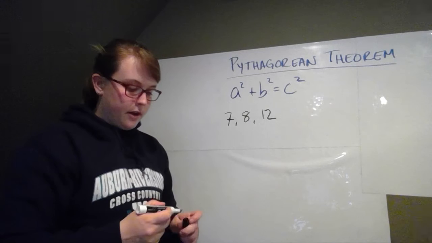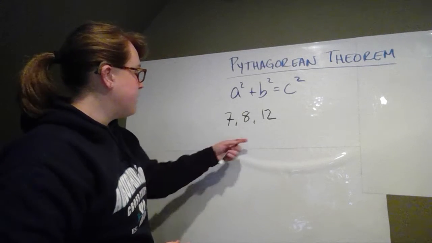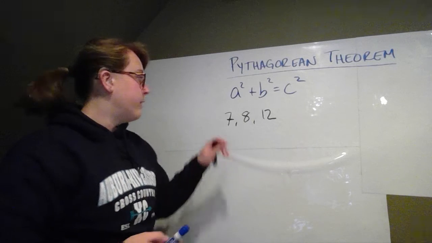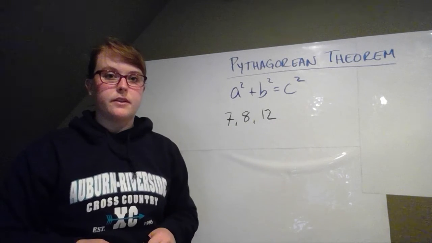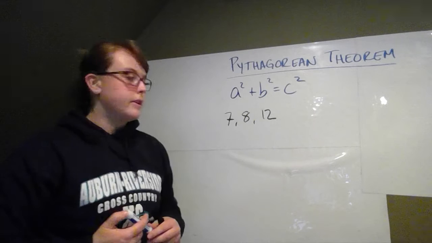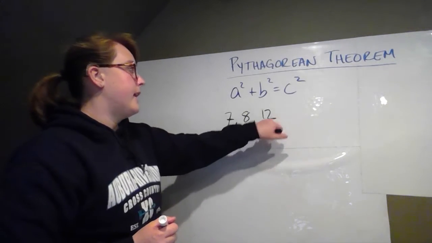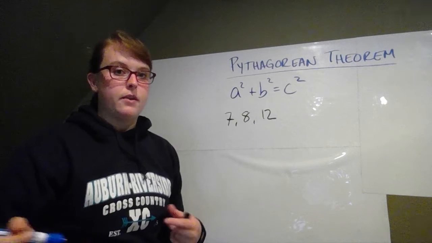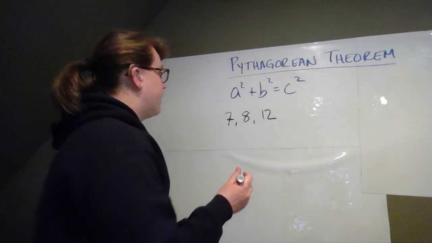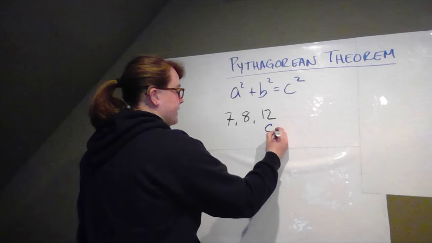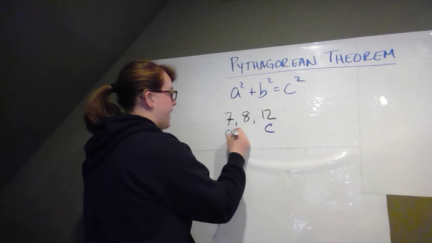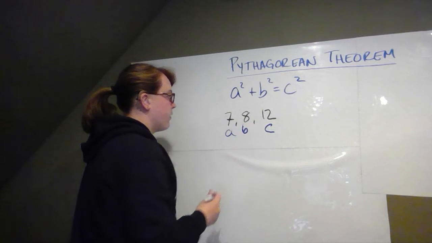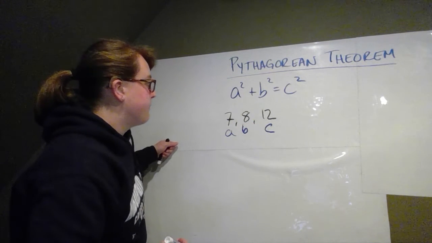So what we have to do in this situation is plug these numbers in as A, B, and C. But we also need to be careful and make sure, in case we aren't given the numbers in order of least to greatest, that we're using the biggest side as C, since the hypotenuse is always the biggest side, along with being across from the right angle. So we want to label that the biggest side is C, and then these two would be A and B. In this case, the numbers were given in order, which makes our lives easier.